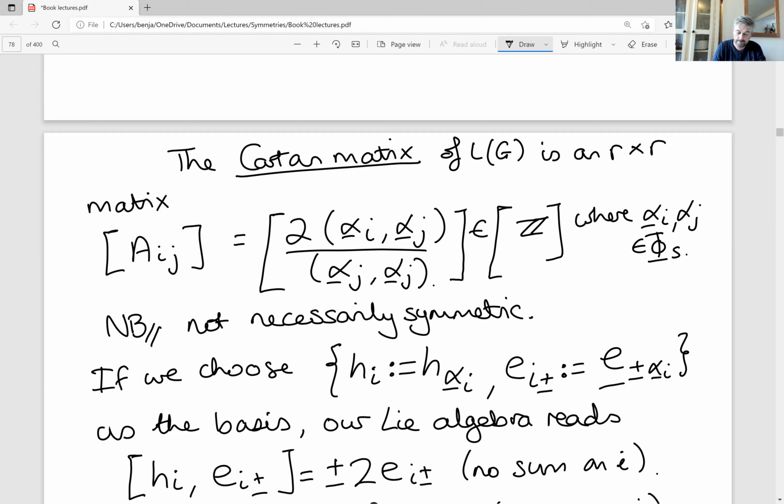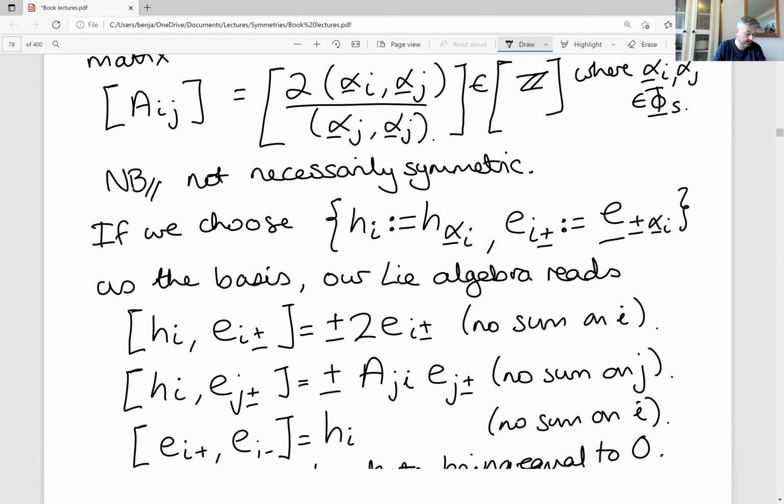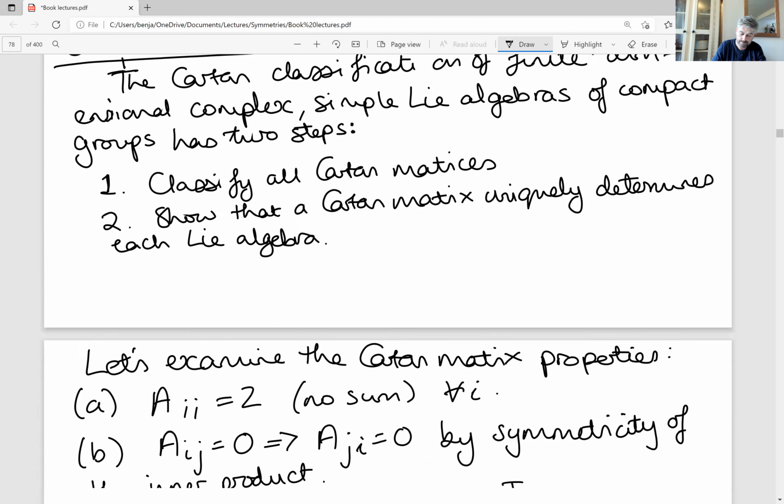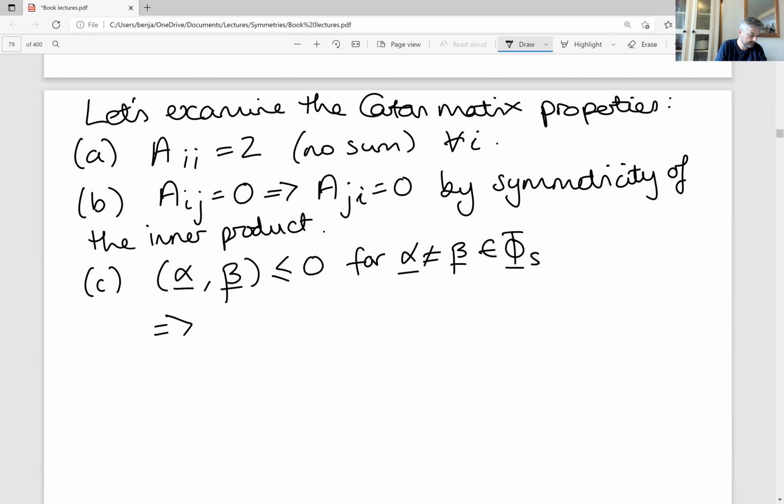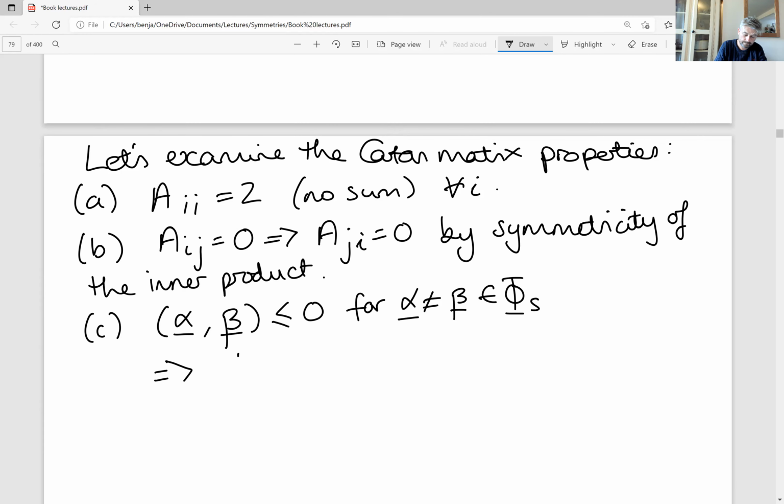We know that the denominator is positive. So we must be in the negative integers for the off-diagonal elements of this matrix. In other words, A_ij is in minus the natural numbers, you can have 0, for all i not equal to j, so off diagonal.